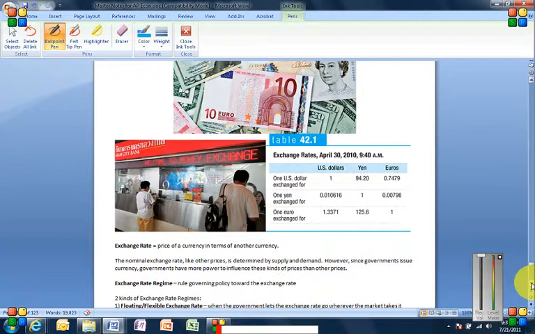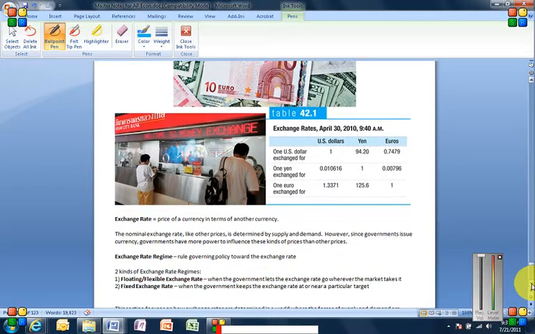Now, when a country has a currency, they have to make a decision about what they're going to do with regards to the way that they'll approach exchange of their currency for another currency. And there's two general approaches, although there are some in-between spots. An exchange rate regime is a fancy way of saying the rule governing policy towards this whole issue of exchange rates.